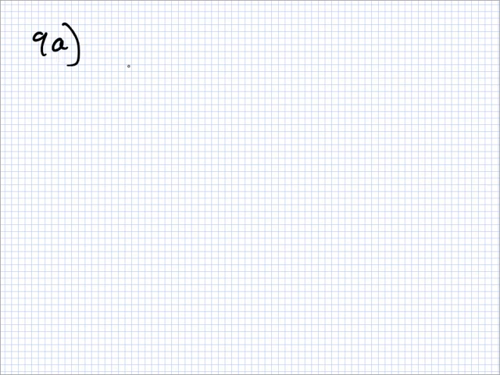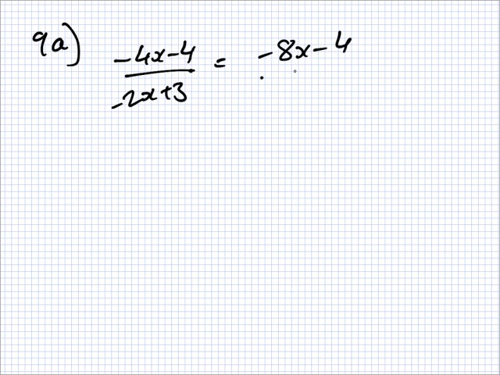Okay. If you look at 9a on that page, you can say that minus 4x minus 4 over minus 2x plus 3 equals minus 8x minus 4 over minus 4x minus 4. That's one way to solve it. You know, the second divided by the first is equal to the third divided by the second.